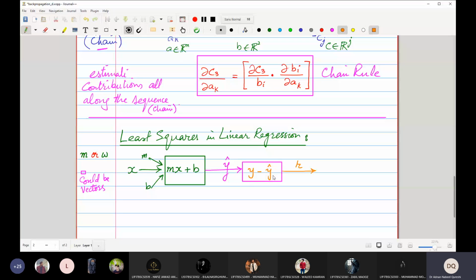And we said that in order to make the derivatives more beautiful, we take the square of the residual as the loss.